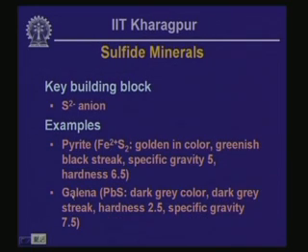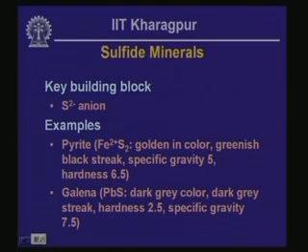Another relatively abundant group of minerals are called sulfide minerals, and here you have got bivalent sulfur anion or sulfide anion, and examples of these are pyrite and galena.